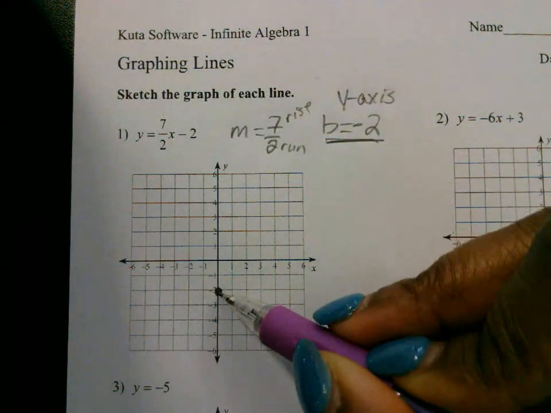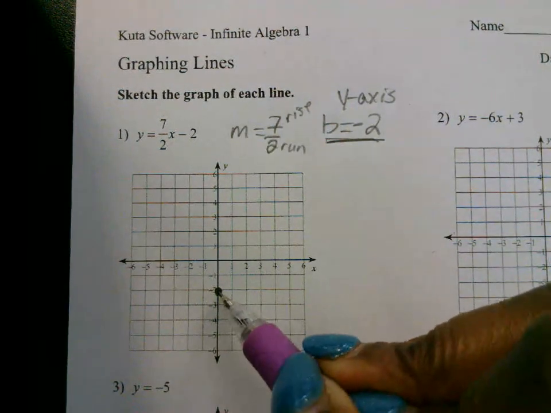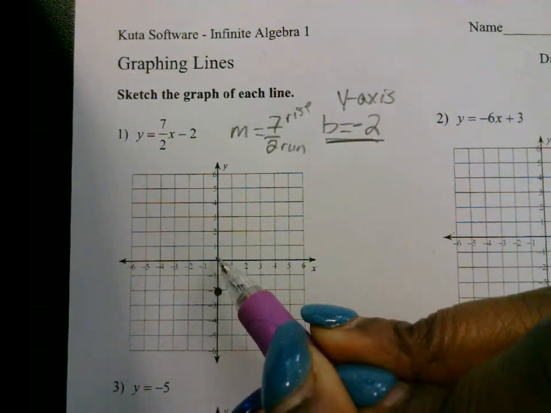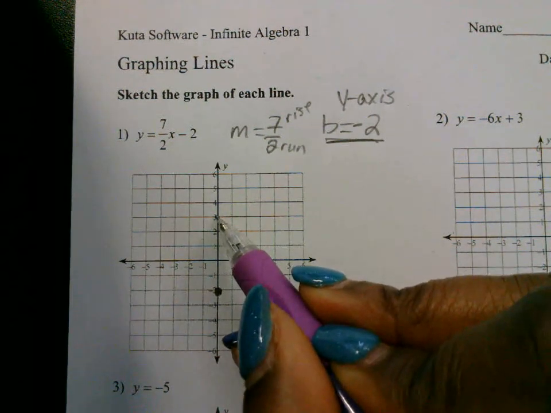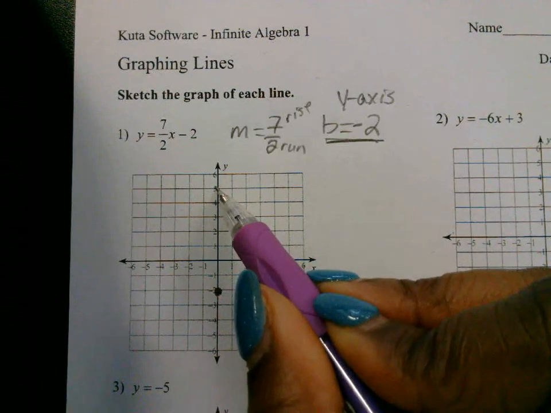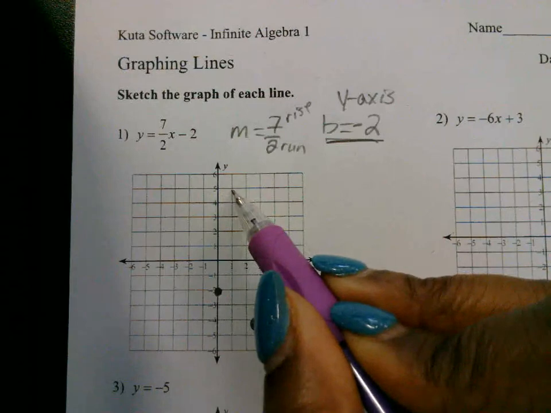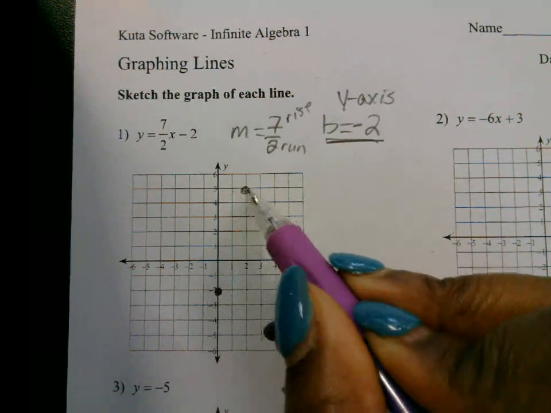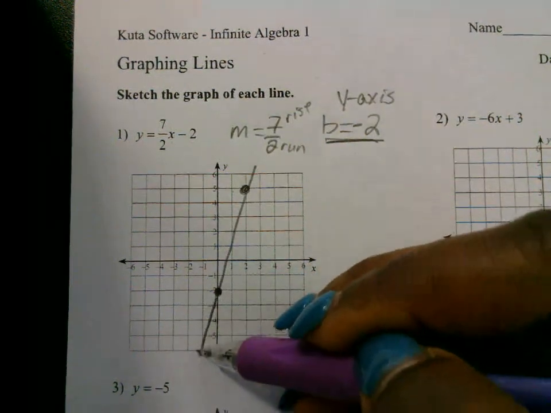So look, rise is up 7 because that's a positive 7. So let's count. Up 1, 2, 3, 4, 5, 6, 7. Run is a positive 2, so to the right 2. 1, 2. And connect the points and draw the line.